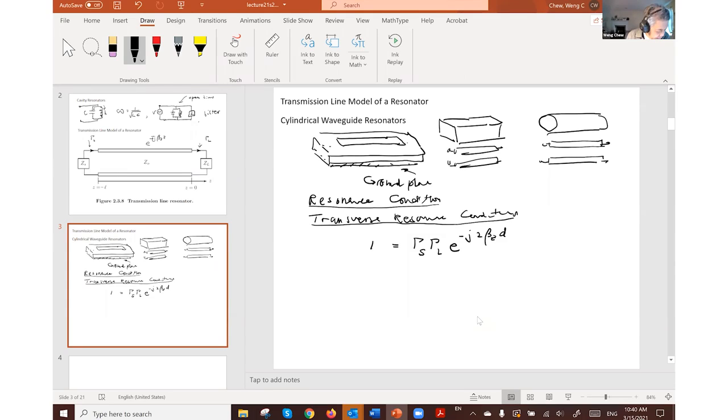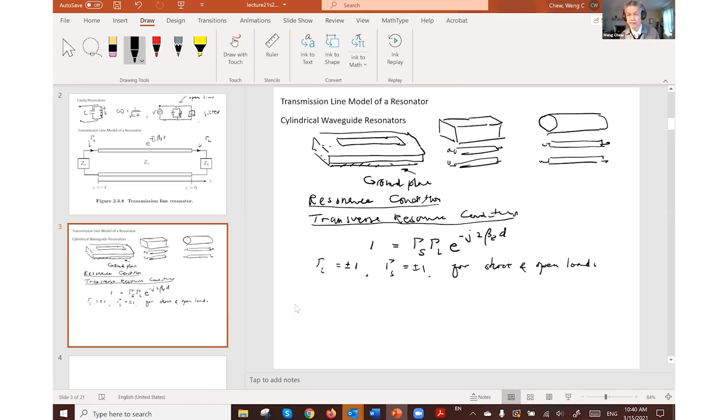Well, if we have, say, a short or an open, gamma L is either plus or minus 1. Gamma S is equal to plus or minus 1 for short and open loads.